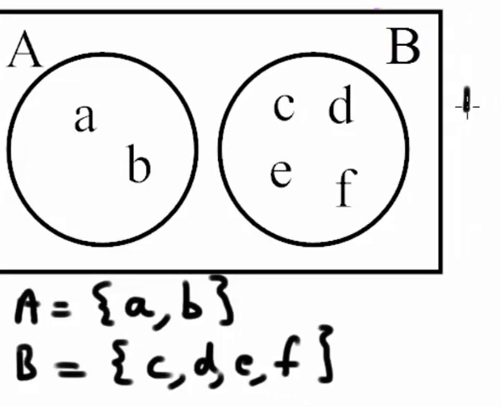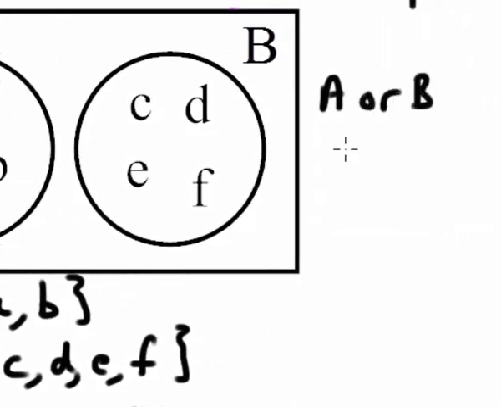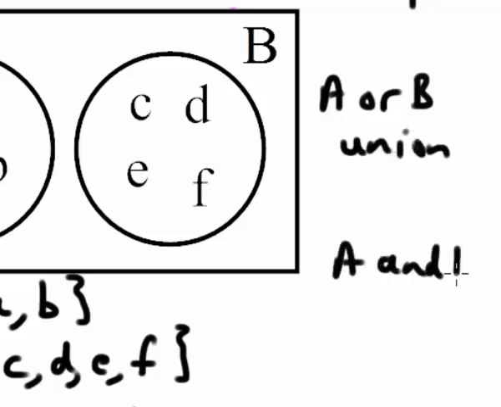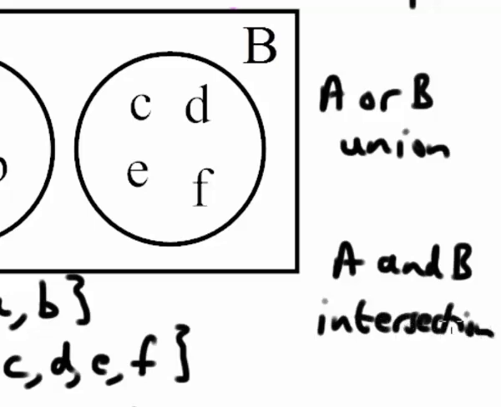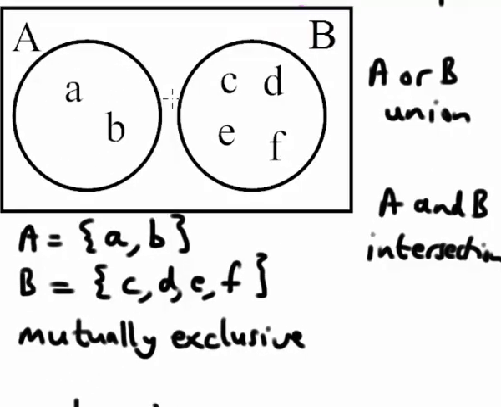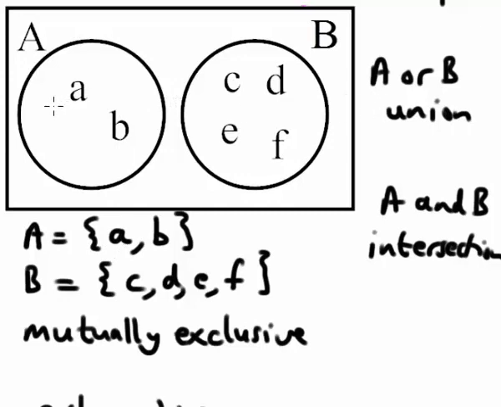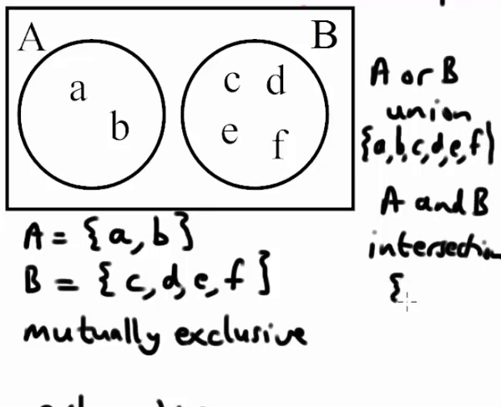Remember, if you talk of A or B, that was the union, and A and B is the intersection. The union would be basically the whole sample space: a, b, c, d, e, and f. But in the intersection, there's nothing.